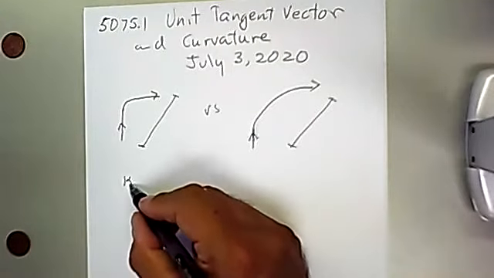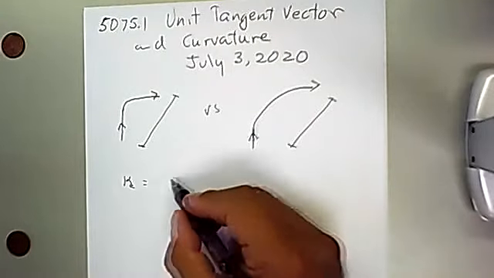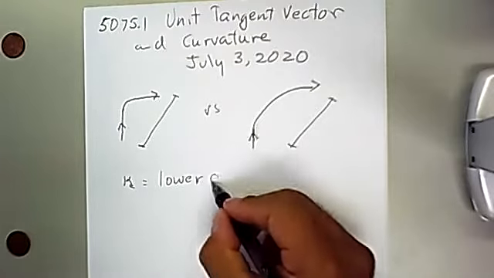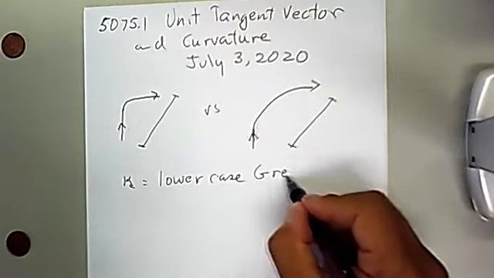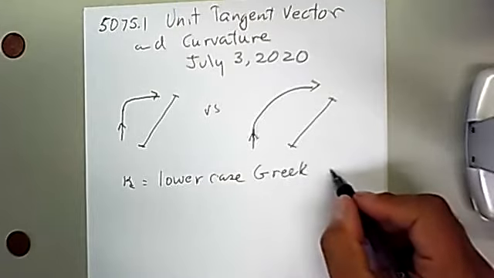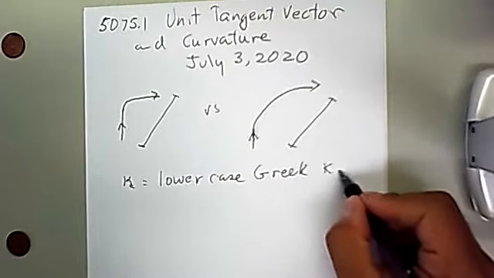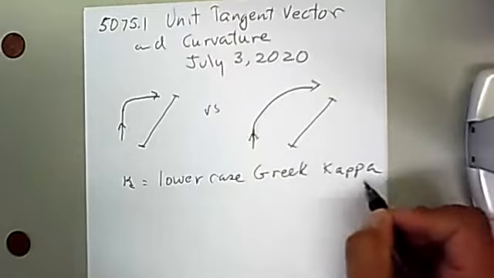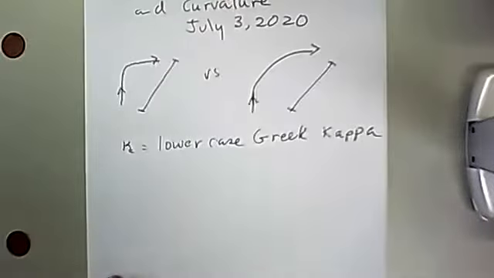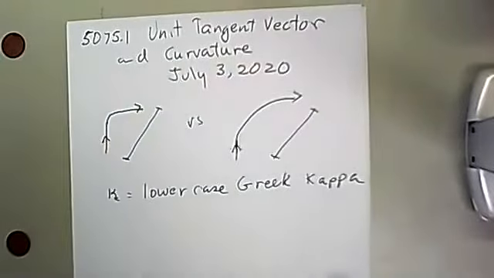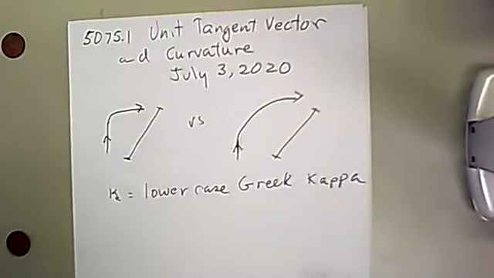So kappa is a lowercase Greek letter, which is called, of course, kappa. It looks like a K, but it's technically a kappa, and kappa is going to measure the curvature.